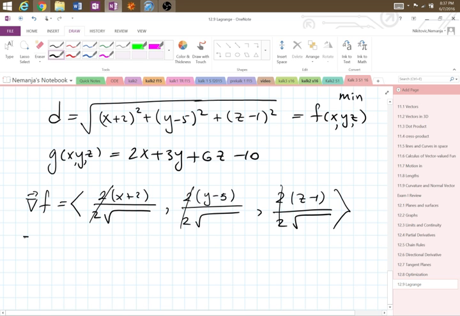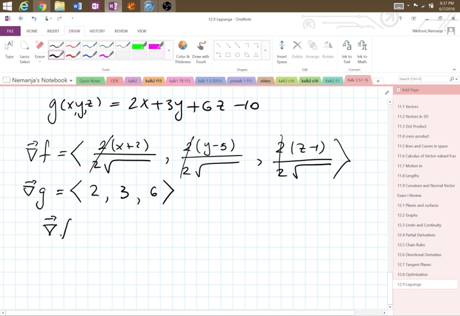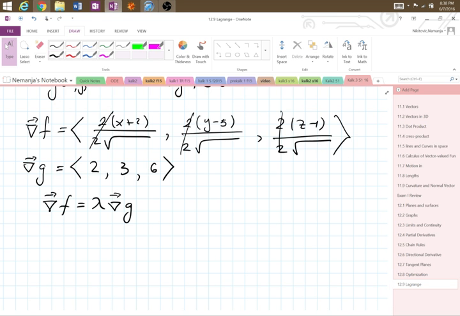Del G is cheap: 2, 3, 6. Set them equal to each other using the parameter lambda. So now what do we got? First equation, x plus 2 over the square root is equal to 2 lambda.